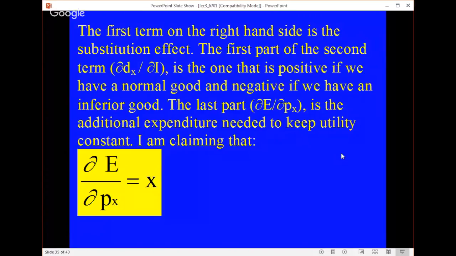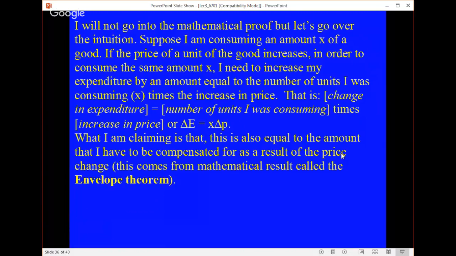And that's basically where the logic comes from. Suppose I'm consuming amount X of a good. If the price of a unit of the good increases, in order to consume that same amount X, I need to increase my expenditure by the number of units I was consuming, X, times the increase in price.